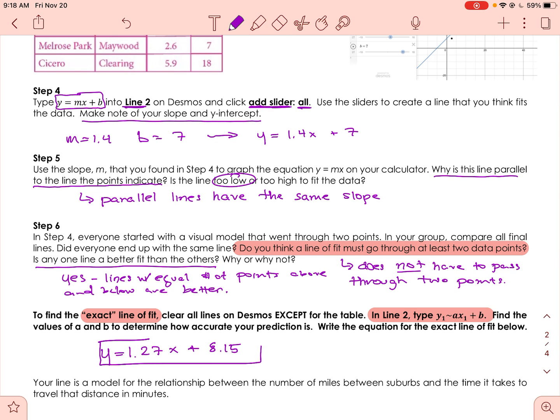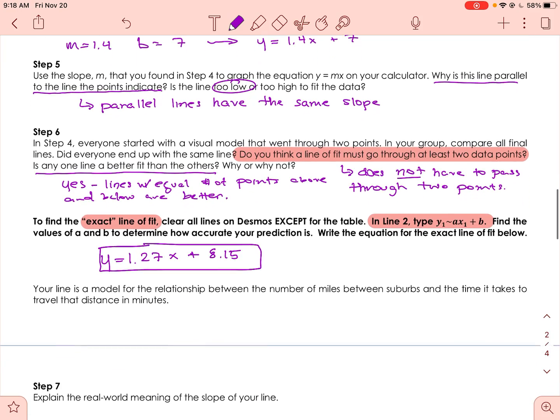Okay, so that is the exact line of best fit. Desmos has a way to find the line of fit for you, and I would recommend that you use that when you're being asked to find your line of fit.